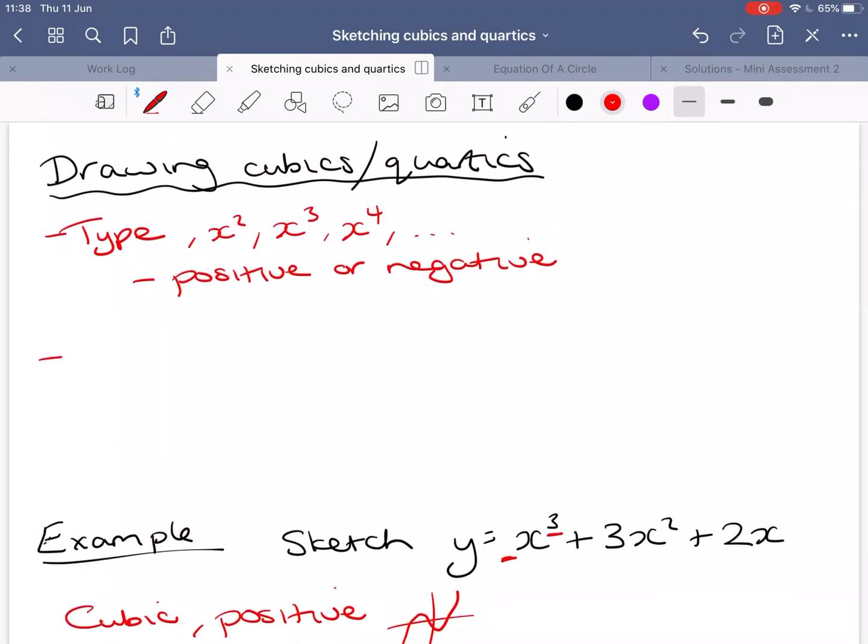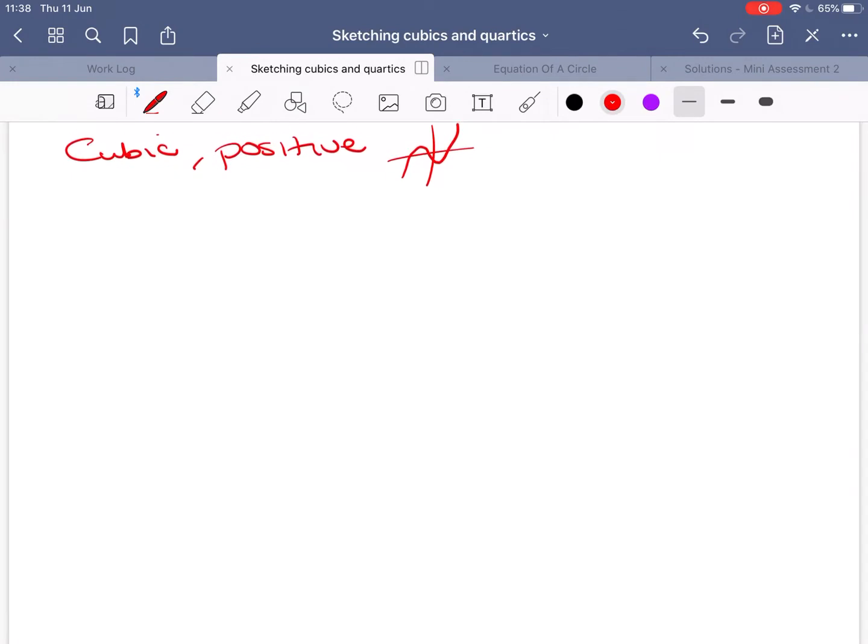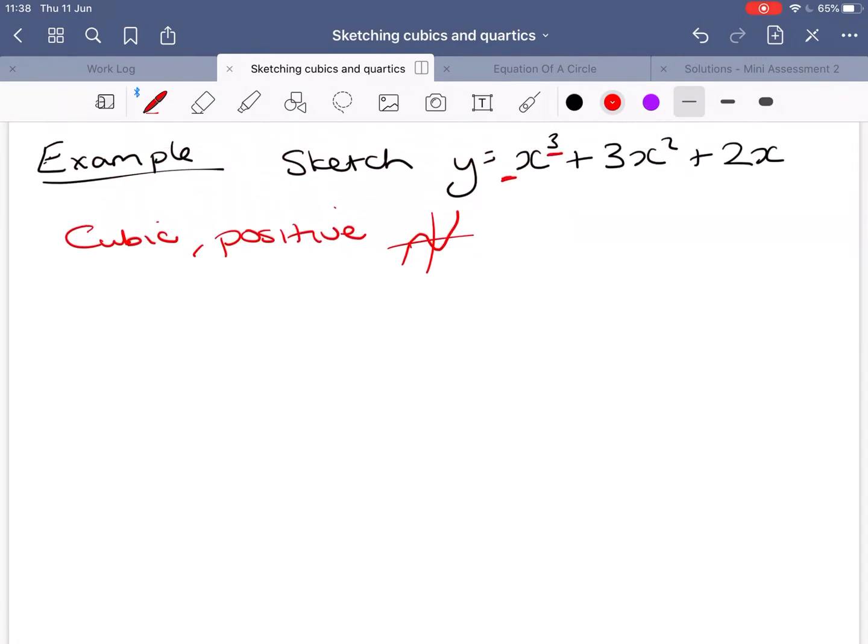The second thing you need to do is find where they cross the axes, because for any sketching of graphs, we've got to write the numbers where it crosses the axes. For our y-axis, we set x to equal 0.